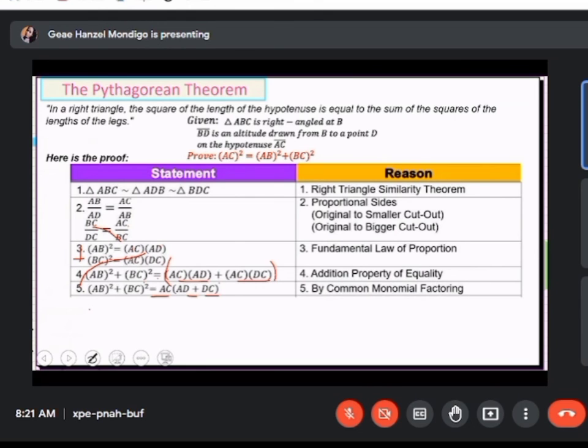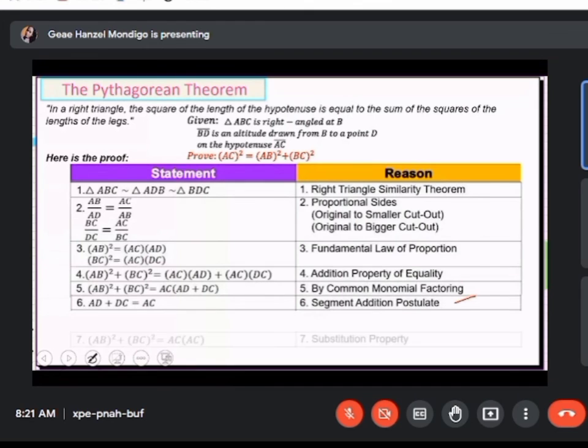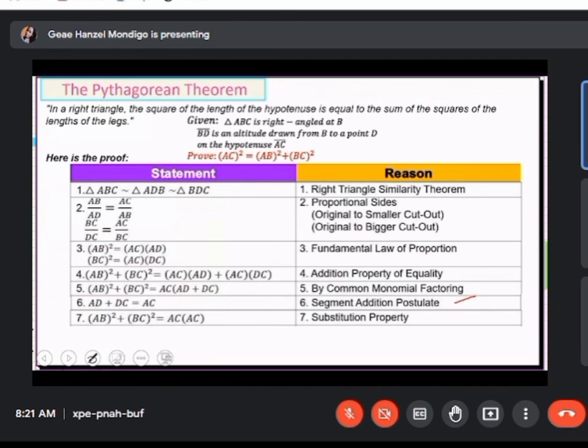Then AD plus DC is equal to AC. This is according to the segment addition postulate. So we can now have AB squared plus BC squared is equal to AC squared.